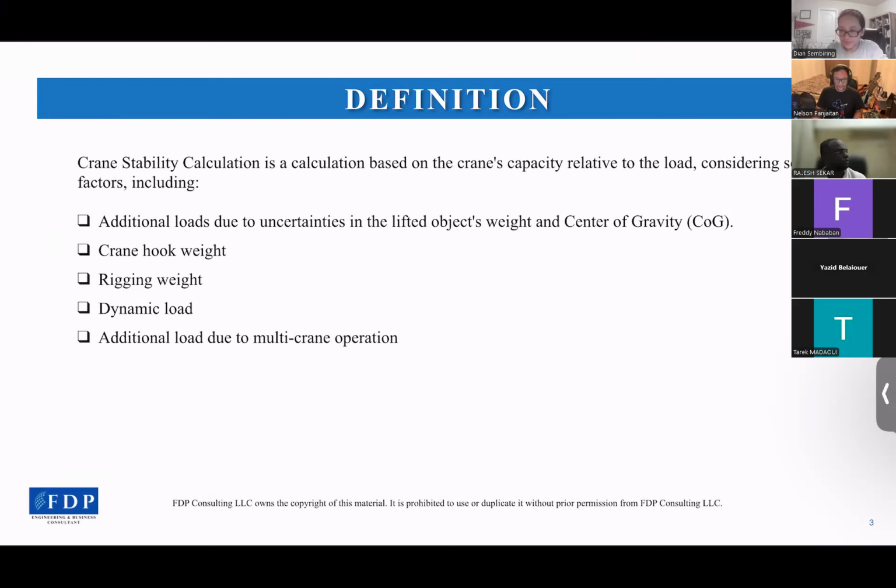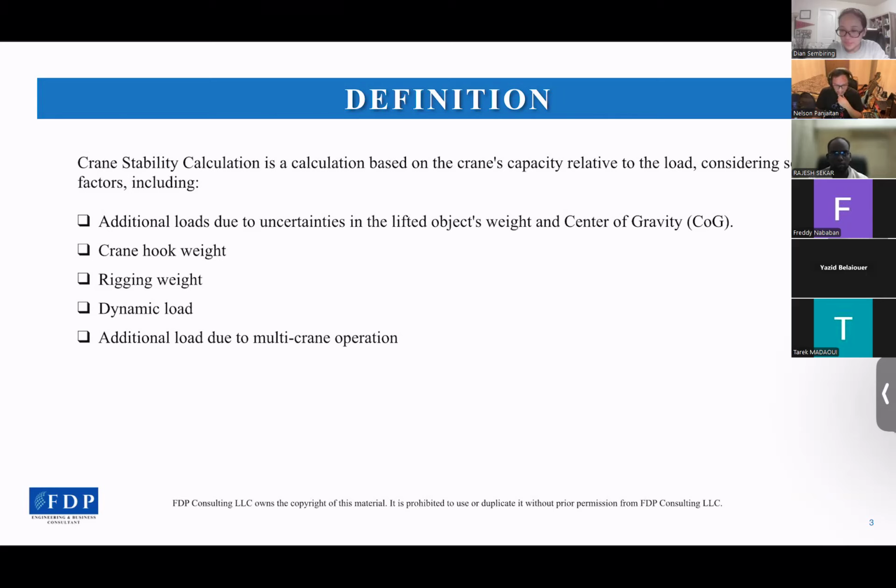Then the next is crane hook weight. This should be considered if the capacity of the crane in the load chart is gross capacity. Later we will see what the gross capacity and the net capacity are. Next is rigging weight. This also needs to be considered as it will give additional load below the hook.